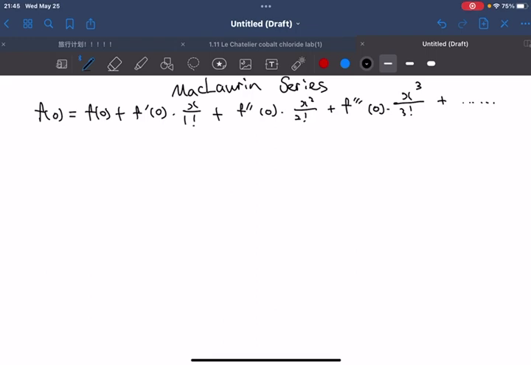So the a on the top of the factorial is eliminated, so that only x and its factorial remain. So the whole formula will become the sum from n equals 0 to infinity of f^(n)(0) times x^n over n factorial.